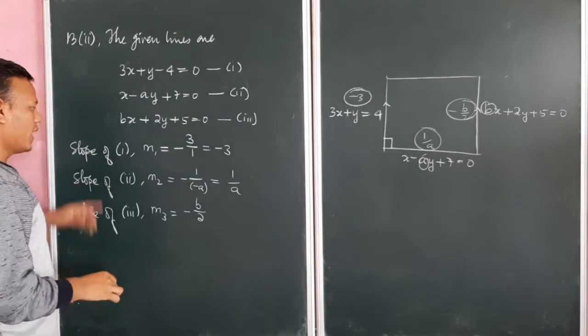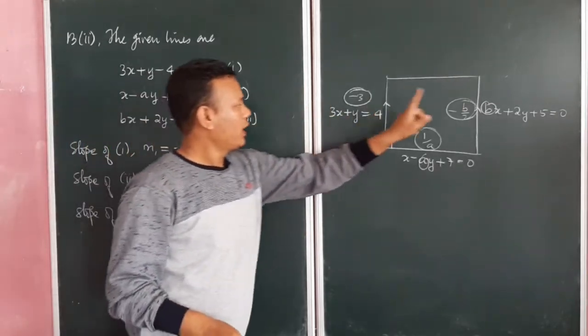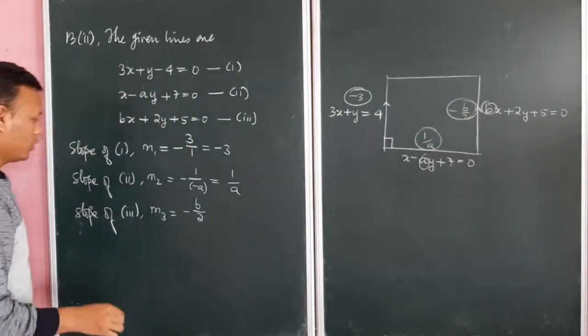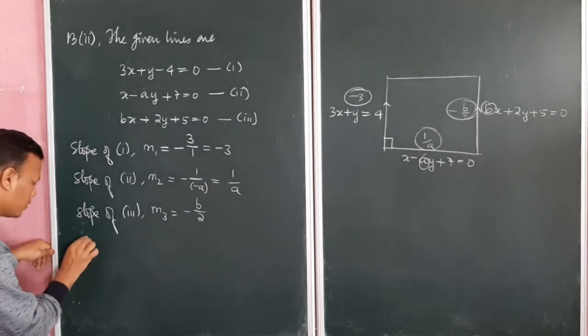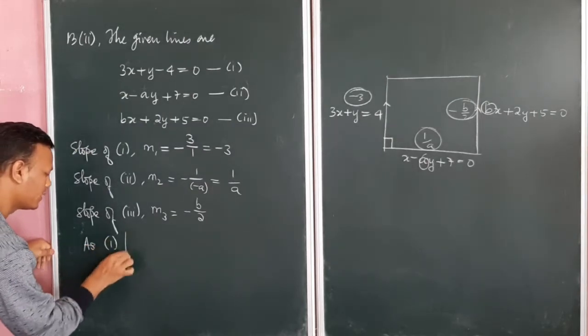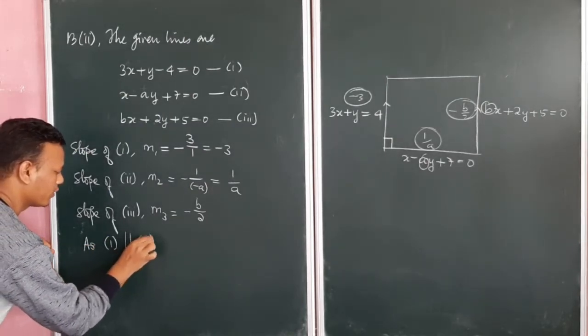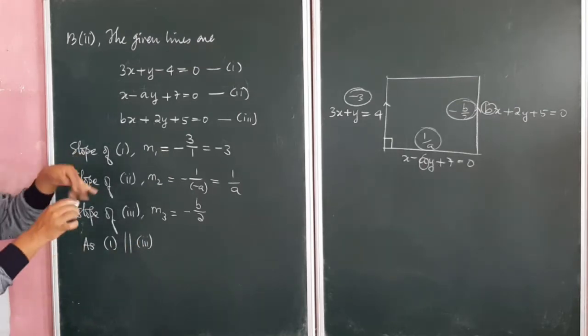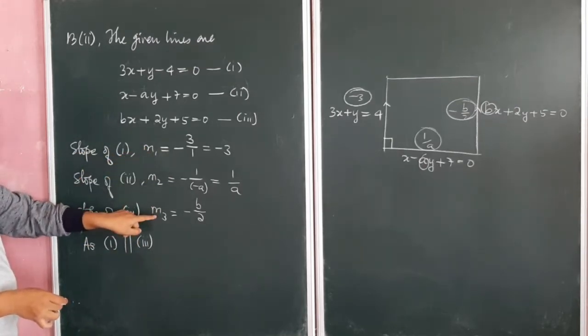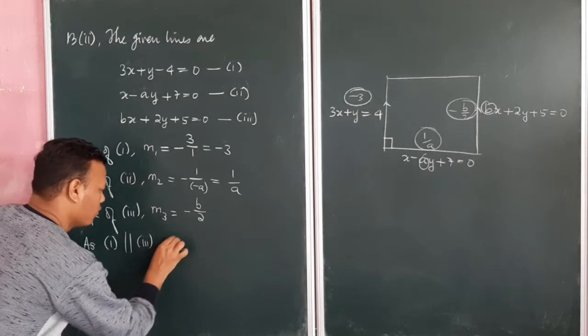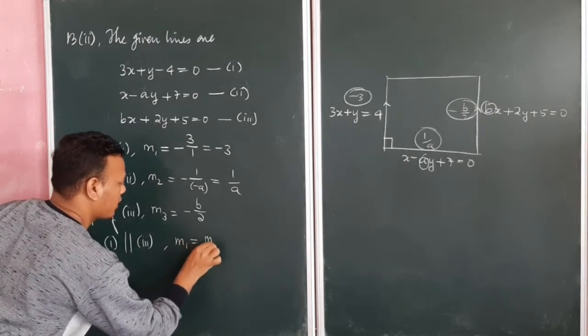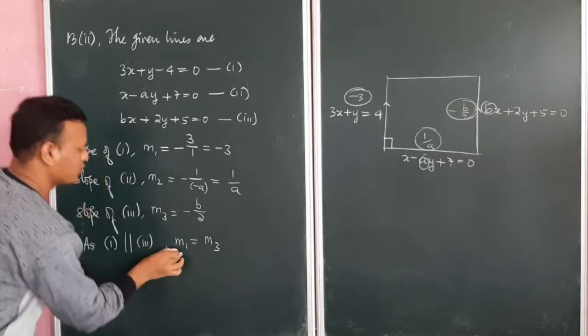Okay, as we know that 1 and 3 are parallel, what must happen? Their slopes must be equal. So m1 must be equal to m3. So let us put the values. m1 is how much?